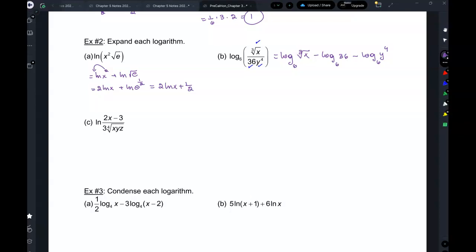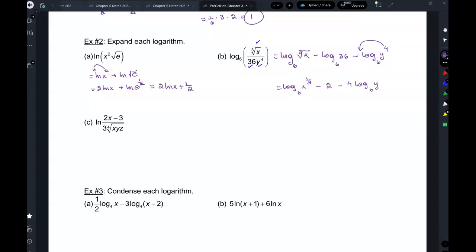Okay, that's what she had started asking. So anything on top is a plus, anything on the denominator is a minus, right? So it would be minus log base 6 of 36y to the 4, but then you have to separate that. So you distribute, right? It's easier to just go with a minus for each element. So this will be log base 6 of x to the 1/3, minus 2, minus, the 4 comes down, log base 6 of y.